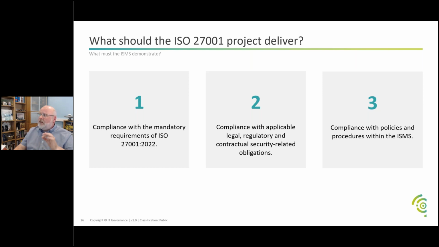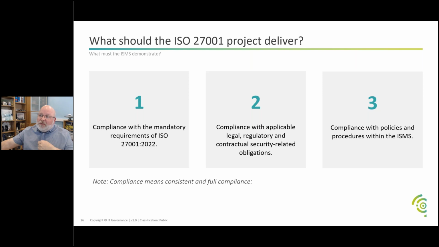And this is a key thing: remember that when you're being certified, it's against the requirements of the standard, but also what's very important is that you can build in, through the context, legal and regulatory compliance, through your risk assessments, other requirements. That's why I've thought you can use it for NIS2 and DORA, because it gives you that structure. Okay, contractual, legal and regulatory. Interested parties, you make it do what you need it to do.